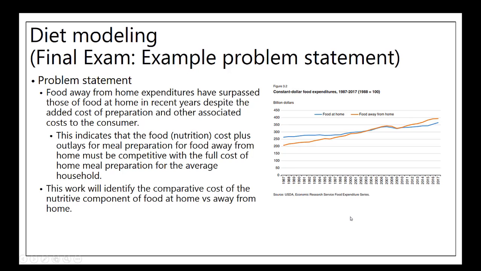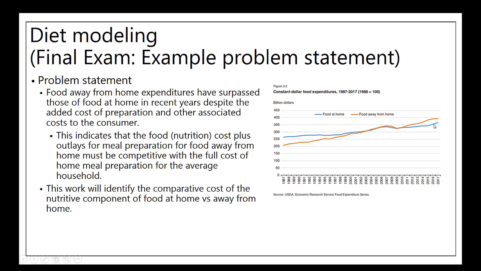So with that, just to give you an idea of what I'm talking about, an example problem statement might be, this is some constant food dollar expenditures over a 30-year period from USDA, tracking food away from home spending versus food at home spending.